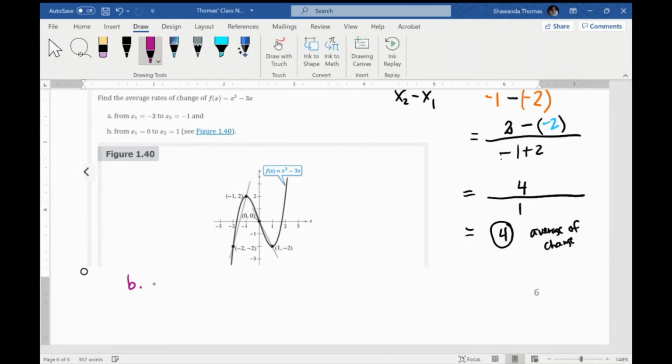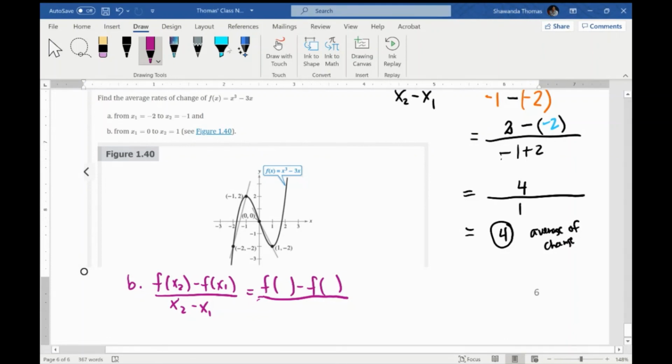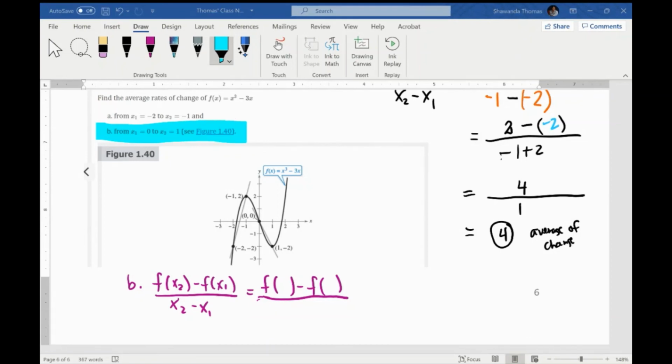Again, you can write out the formula, then we're going to plug in some values. We're going to plug in x sub 2 first. What is x sub 2? For B, it's 1.